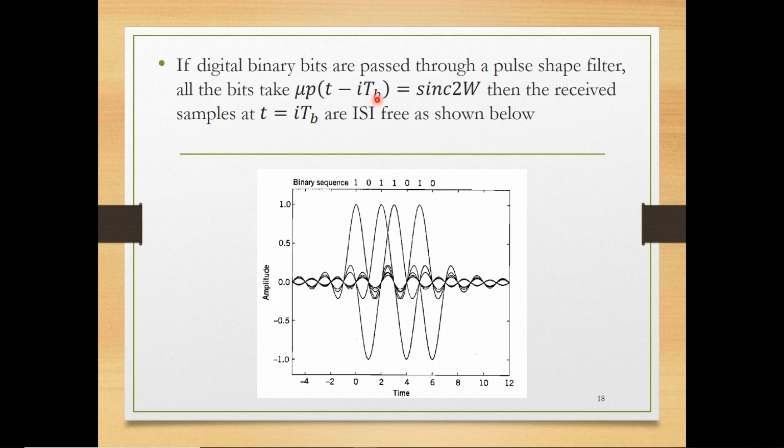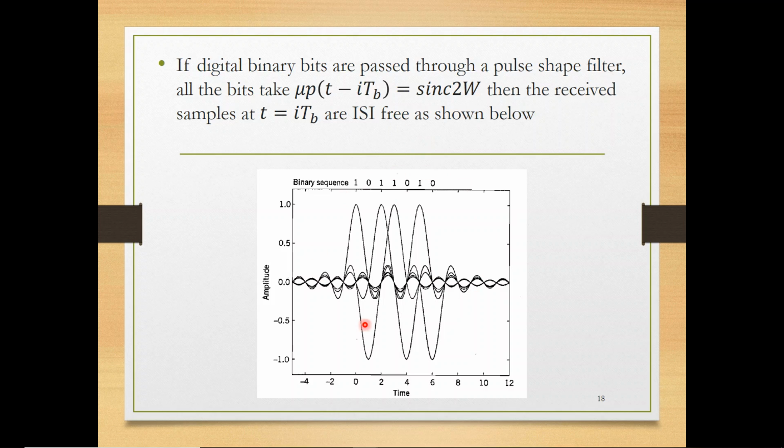All the bits with pulses, this p of t is the pulse shaping filter, which is equal, since we are in time domain and we want to transmit our data while considering that there is no intersymbol interference, then we must use sinc. Sinc 2 by W. In this case, the received samples at t equal ITB are intersymbol interference free.